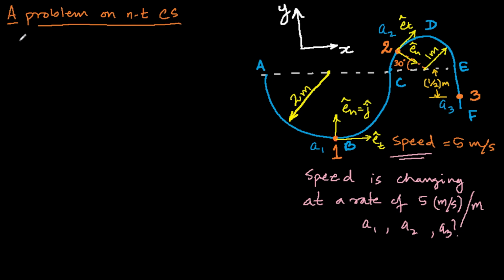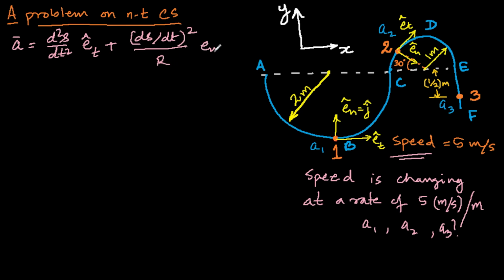As usual, we will write the general formula for finding out the acceleration at a point in the coordinate system. And in the previous video, we saw how to calculate these vectors.